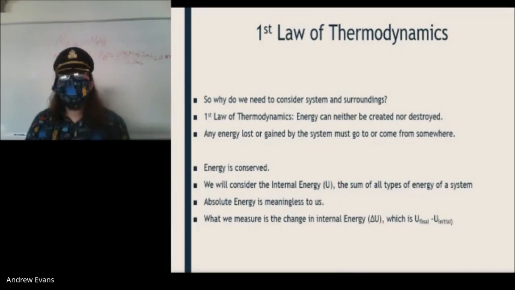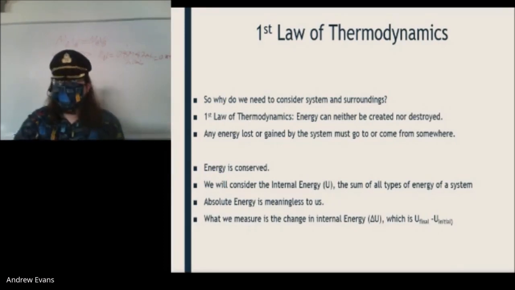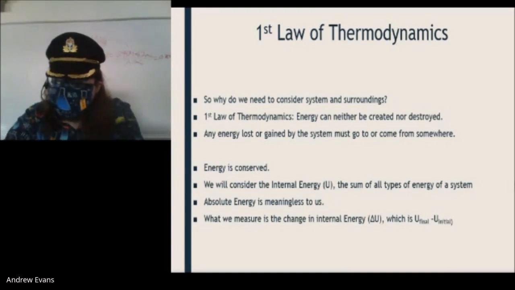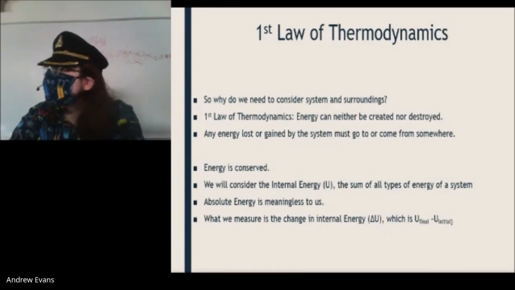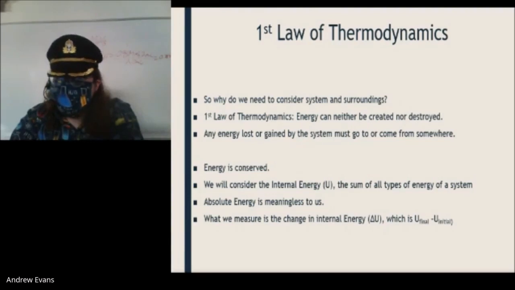When this action is done, how has the energy changed for the system? Because we're going to be looking at the final minus the initial. Whatever the final was versus whatever the initial is, we get the delta U, which is the change in internal energy. And it's really going to be adding the heat and the work components together and seeing how the energy has changed. But that's where we're going to go. Meantime, that's where we're going to stop.